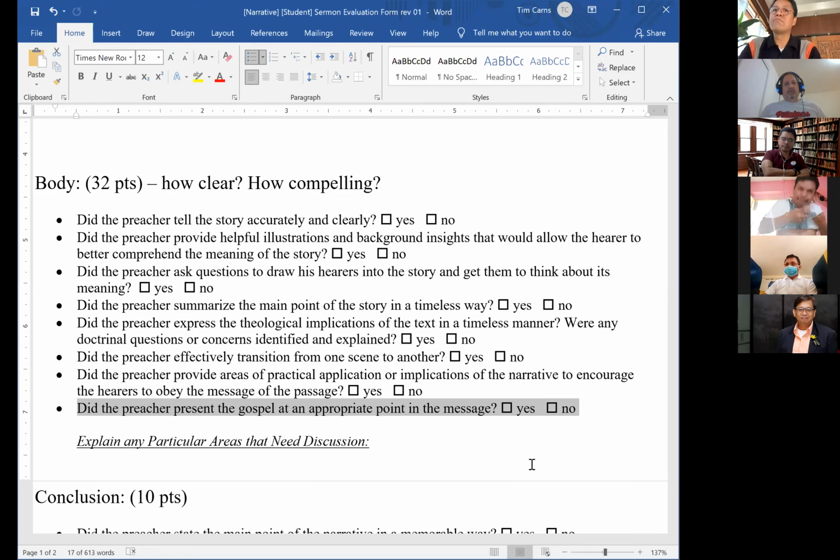Okay, I know that it's probably an obvious point, but you'd be surprised how many times you might hear a sermon and there's really not a clear gospel call within the sermon. Okay, never assume everyone listening to you is a Christian.